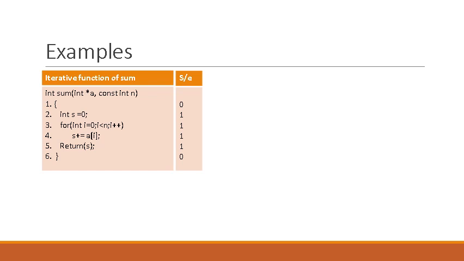We are not calculating frequency yet. This is just execution, meaning how many statements it is going to execute when I write this. After the addition, there is the return statement, which returns the value to the main. Its step execution is 1, and the closing brace is 0.